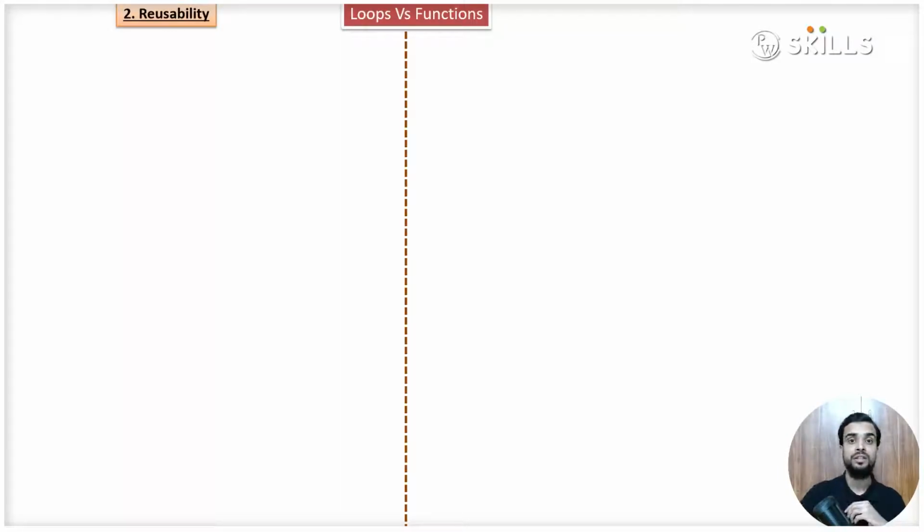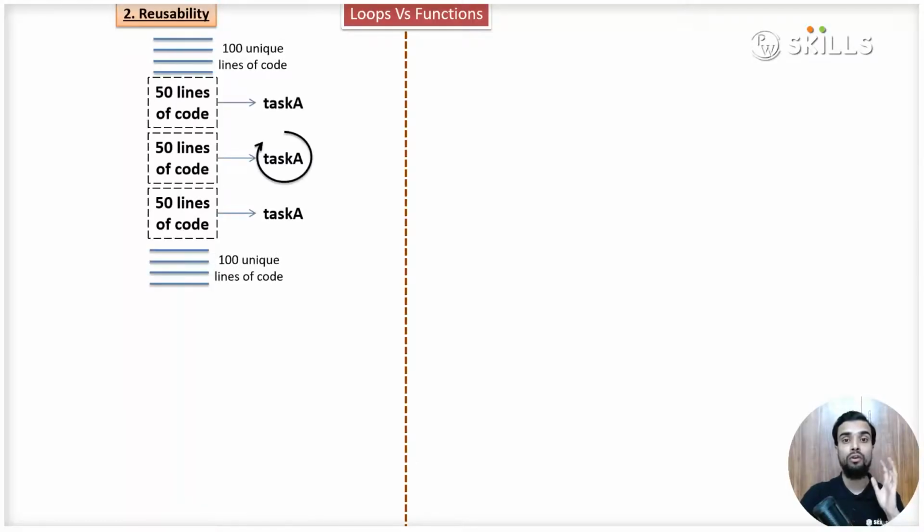Let us say this is how the structure of code within my application is going to look like. At the beginning, there are some 100 unique, distinct lines of code doing some activity. And after which, there is a certain task called task A. It could be addition, subtraction, login, logout.